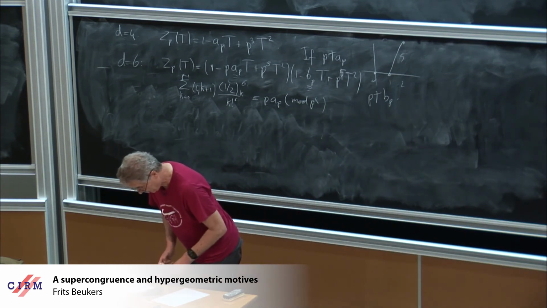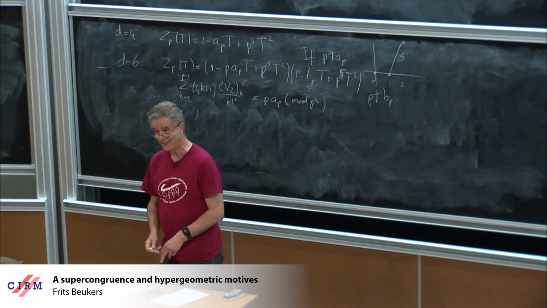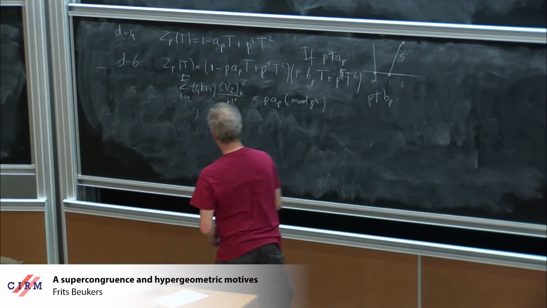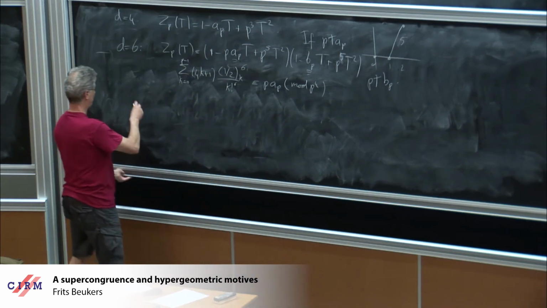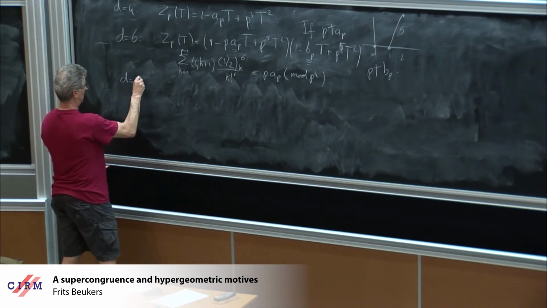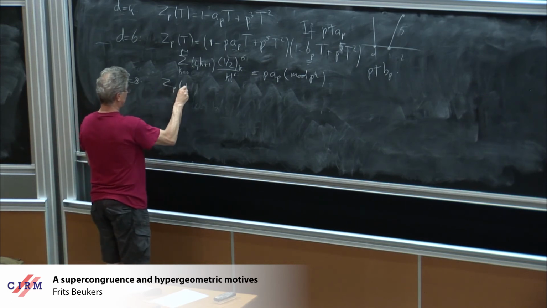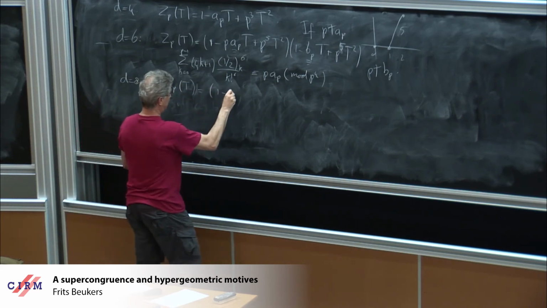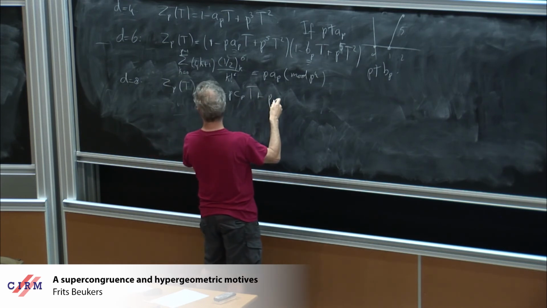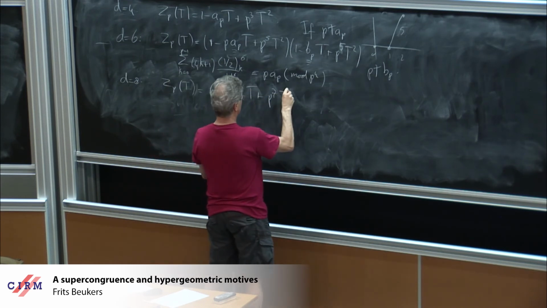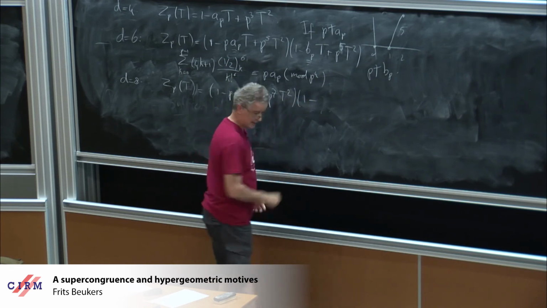Well, we can go on for a little while, so let's go to d is 8. Well, there's still some room. And it turns out that this is equal to 1 minus p times c_p t plus p to the 7 t squared, and here we get something.